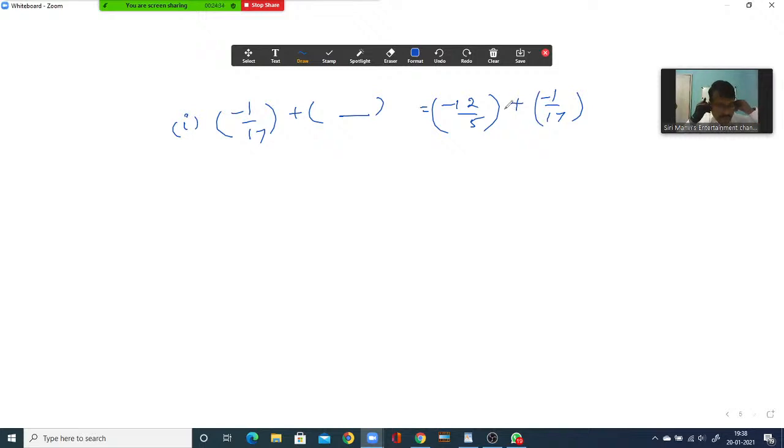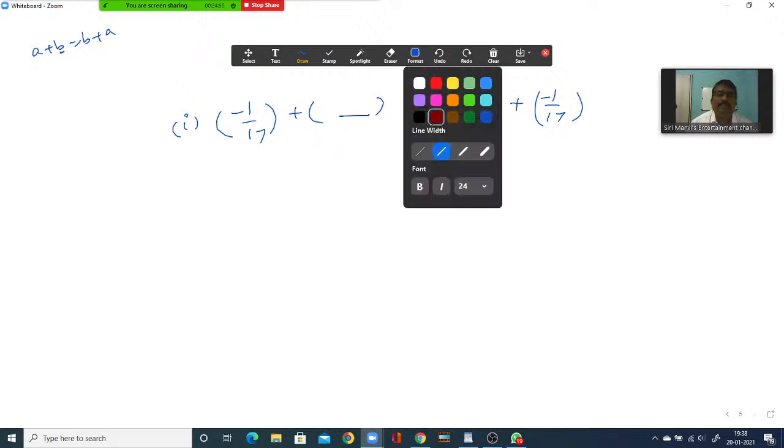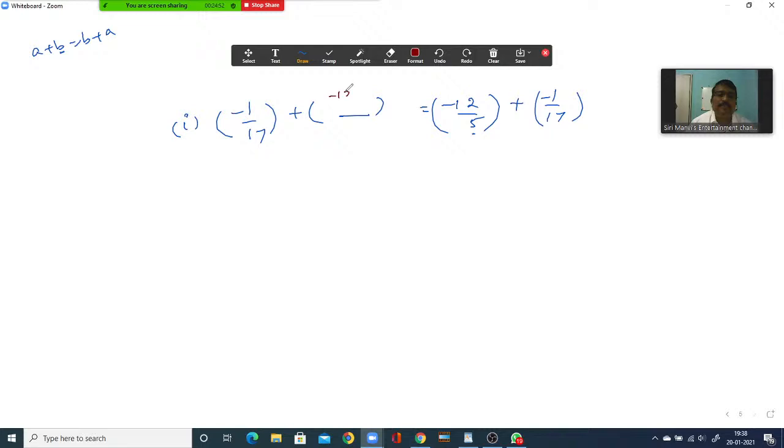So from the commutative law, a plus b is equal to b plus a. Here b is what? We don't know. But here b is -12 by 5. That's why we can write -12 by 5 in this dash. We can fill it with -12 by 5. That's it. Next, the second one.